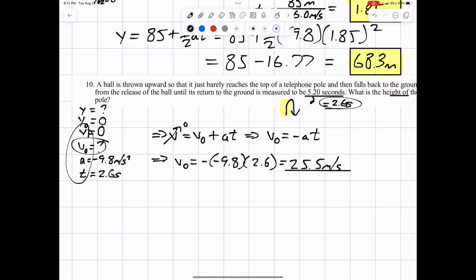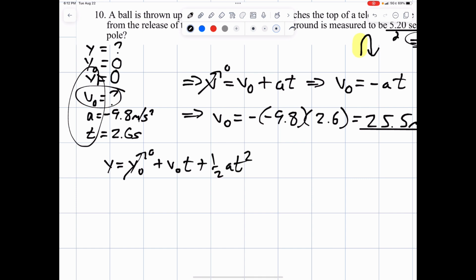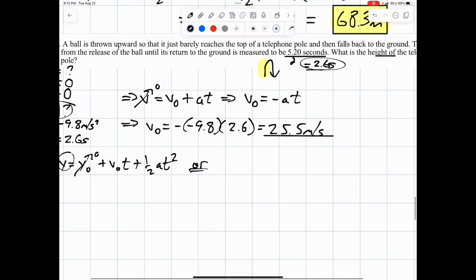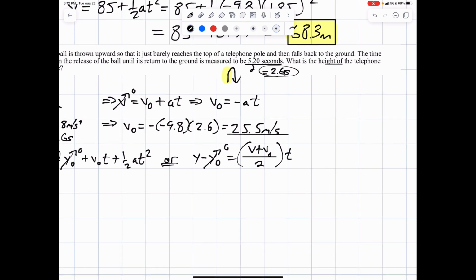So now at this point, you can find height a couple ways. I can use equation number 9, y equals y naught, which is 0, plus v naught t plus 1/2 at squared. Plug in that and get y. Or you can use the fact that y minus y naught, which is delta y, where y naught is 0, equals v plus v naught over 2 times t. I like this one a lot better. It's a little quicker, and v, by the way, at the top is 0.